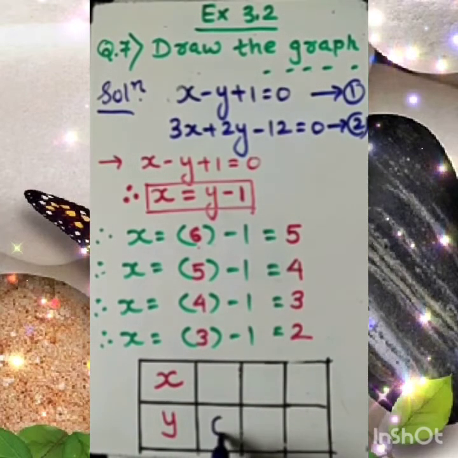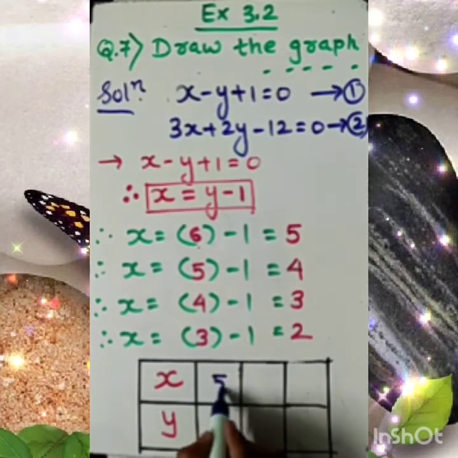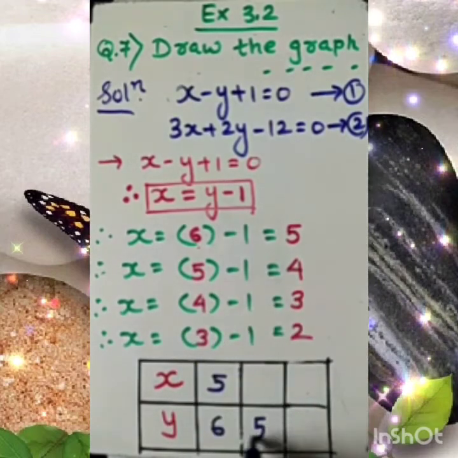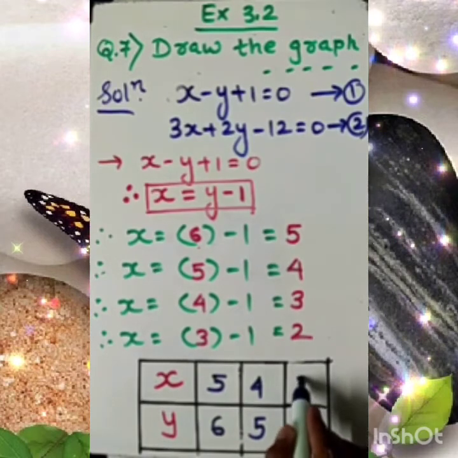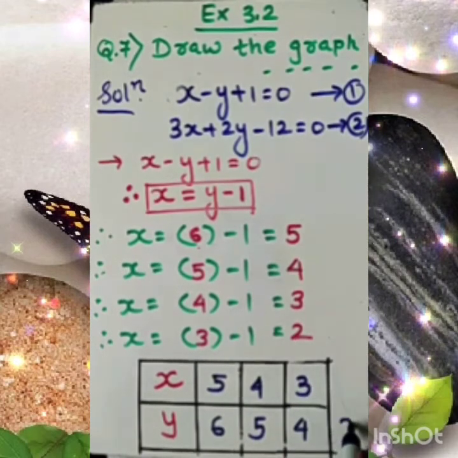I have taken y as 6, and the result is 5. I took 5, then the result is 4. I took 4, then the result is 3. I have taken 3 here, then the result is 2.